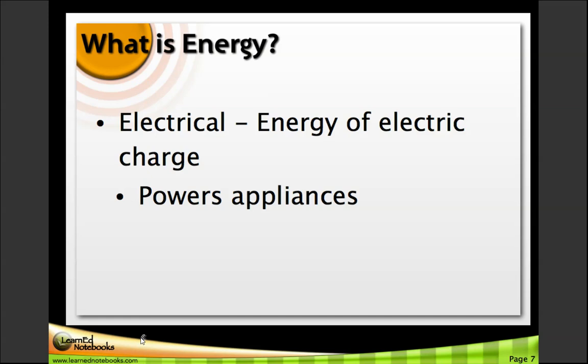Another way of putting it is the energy of moving electrons, and it usually powers appliances in your house. We will actually learn more about electrical energy in a virtual lab, and you could even try a real lab if you have the materials at home. But we'll talk about that when we get there.